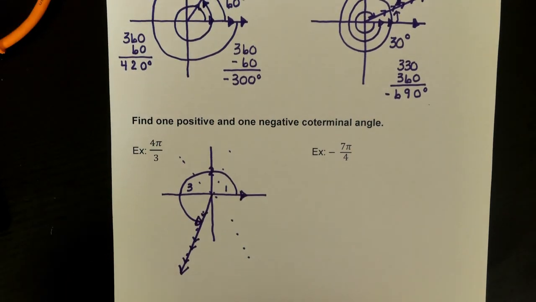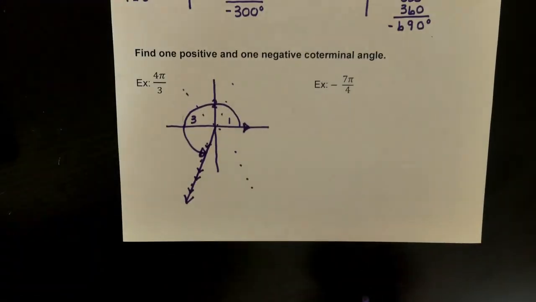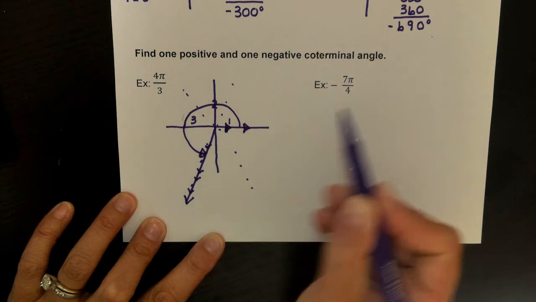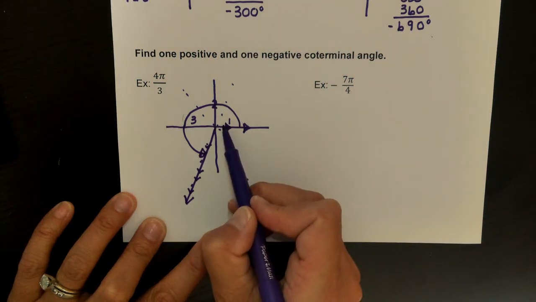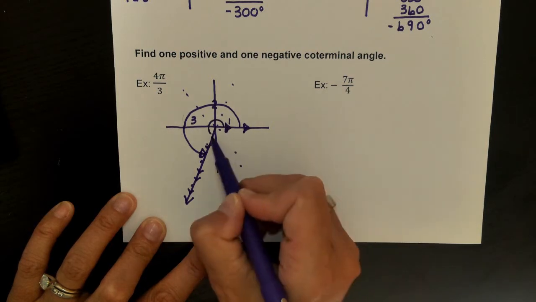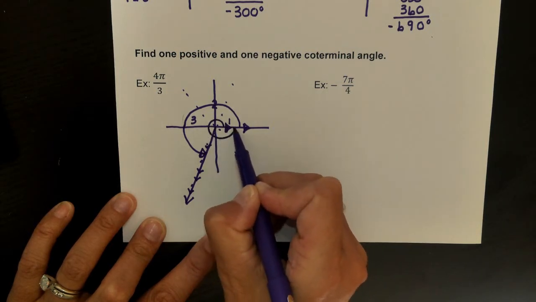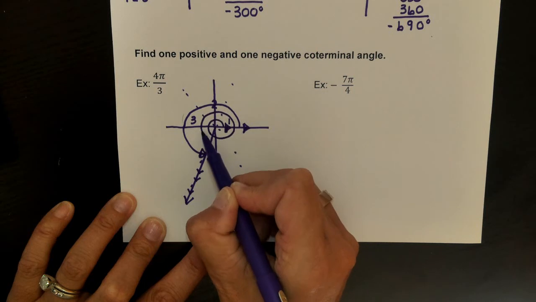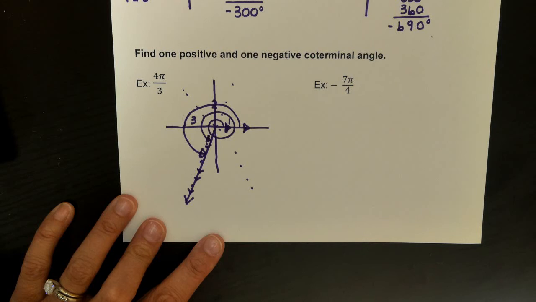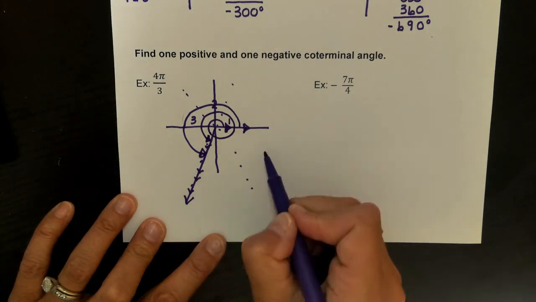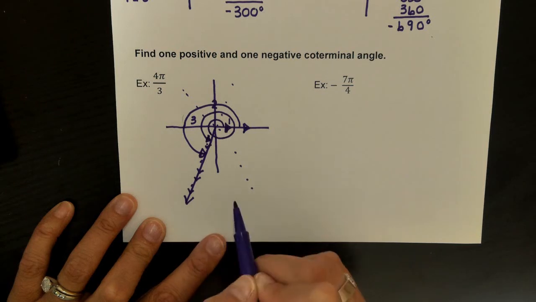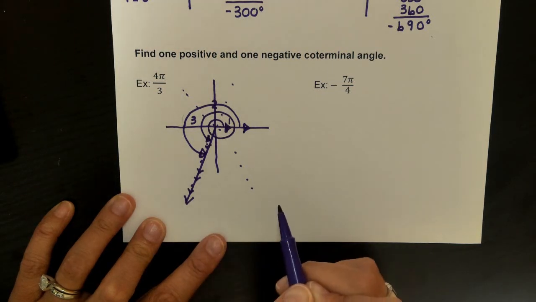Alright, so I need to find a positive coterminal angle. Remember, we always start here. Positive means I'm going to go up, so I'm going to go up and around and I run into it. But that's our original. So that means I have to go all the way around one full circle again and run into it again. So I started with 4 pi over 3 and then I added another full circle.